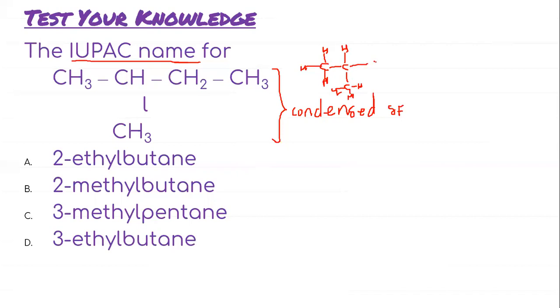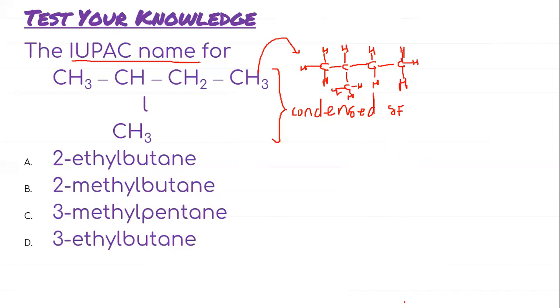Then you have this carbon, it has 2 hydrogens, and then you have this carbon and it has 3 hydrogens. Right, so this and this are the same thing. So we are required to give the IUPAC name for that molecule.